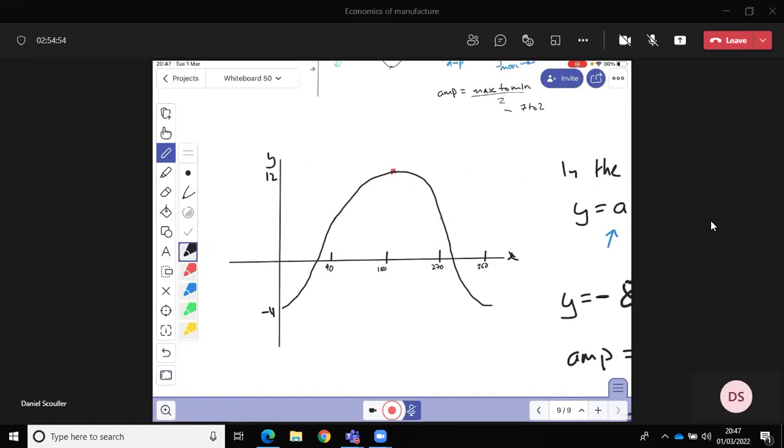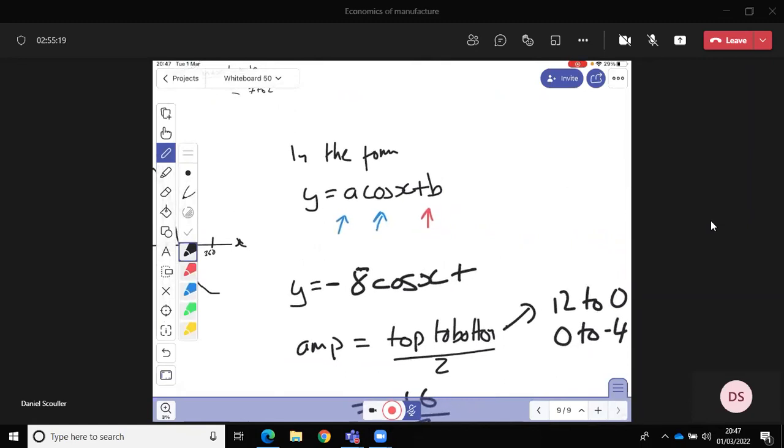Likewise, if the amplitude's 8 and the minimum shown is -4, you'd expect it to be -8 at minimum, but it's -4, so it's gone up 4. So we've moved that milestone up by 4 positions on the y-axis. So plus 4.